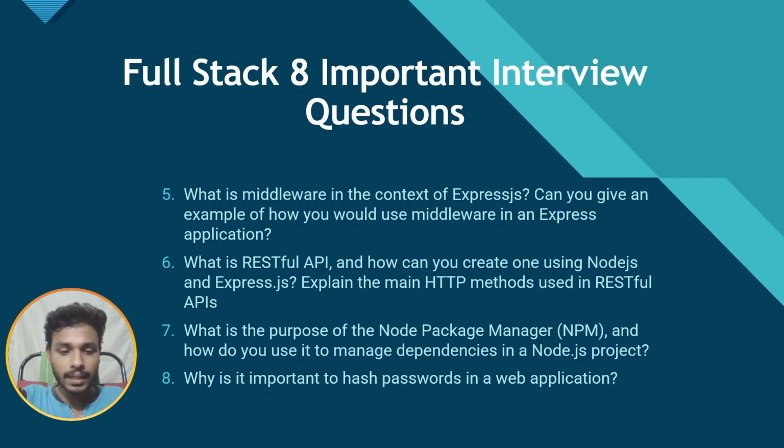To create a RESTful API using Node.js and Express, you typically define routes and use HTTP methods to perform CRUD operations, that is create, read, update and delete. The HTTP methods are commonly GET, POST, PUT and DELETE.